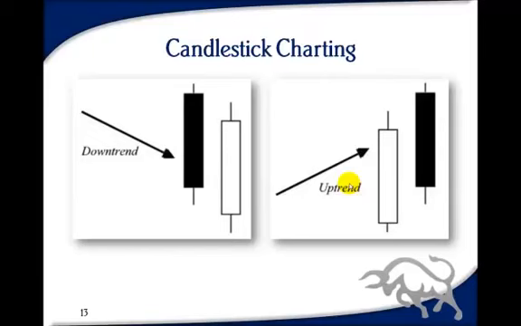And I think that the guideline here is that the close of the second day should be more than halfway up the length of the body of the first candle. The one on the right, the bearish sign, is called the dark cloud cover. They have some picturesque names taken from the Japanese, and again the idea is that it shows a lot of strength to push it to the reverse.